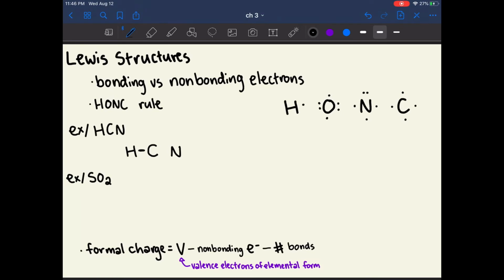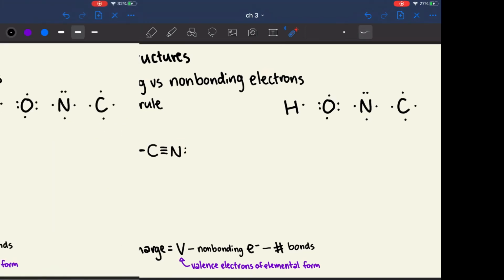So the only way to satisfy this valency is if we put a triple bond between carbon and nitrogen and a lone pair on nitrogen. And so with this, carbon has its 8 electrons, 6 here and 2 here. Hydrogen has its 2 here, and nitrogen has its 8, 6 which are here and 2 which are here. And so this Lewis structure satisfies all the rules of valency.